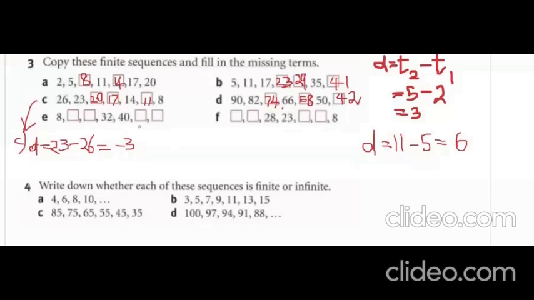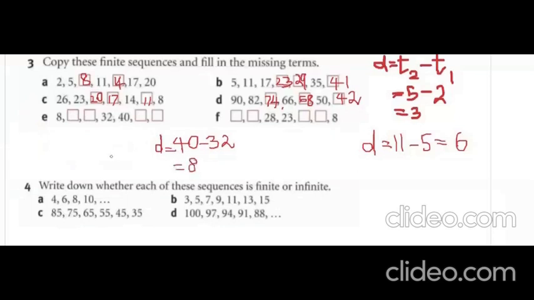So D is equal to 40 minus 32. That is equal to 8.